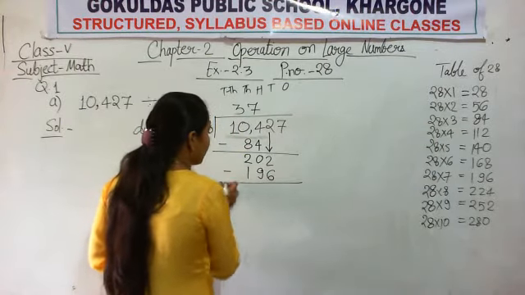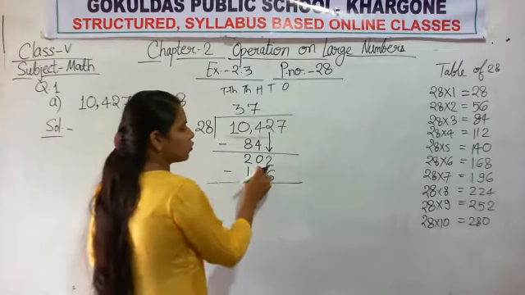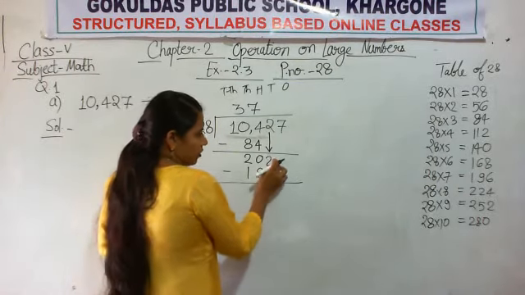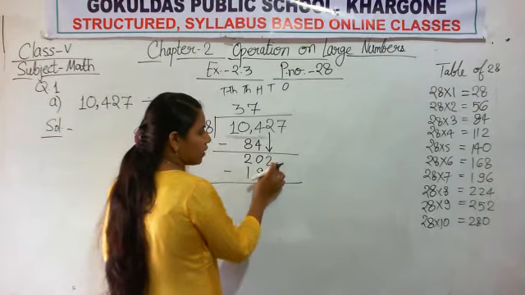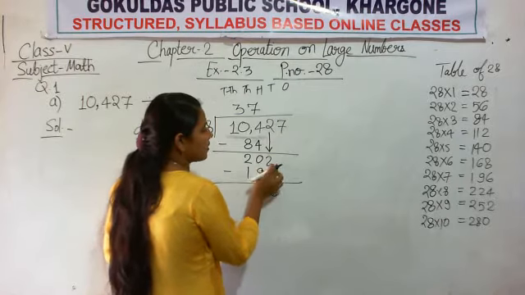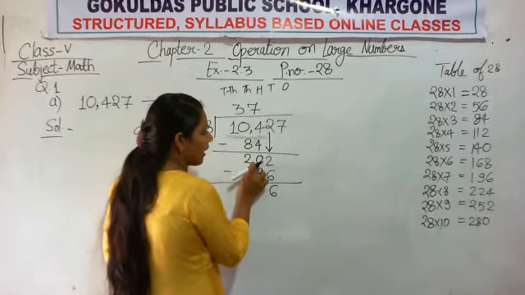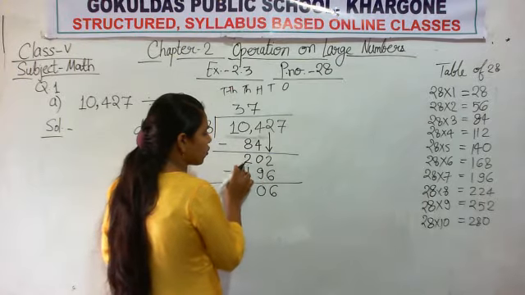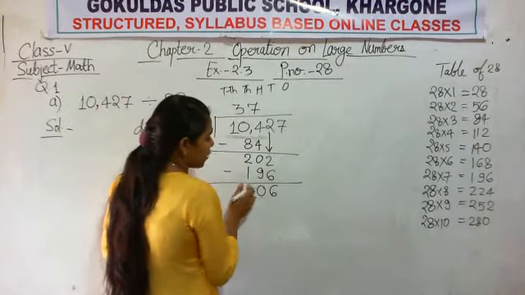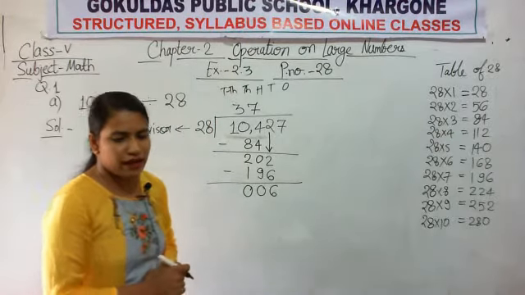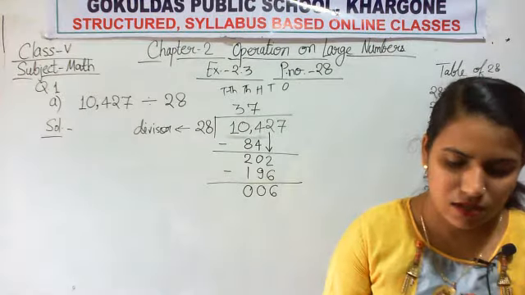Now start subtracting. 2 minus 6, you cannot subtract 6 from the 2, so you have to take a borrow. It becomes 12. 12 minus 6 is 6. As it has given 1 borrow, here 9 is left. 9 minus 9 is 0. 1 has given 1 borrow, so 1 minus 1, the remainder is 0.